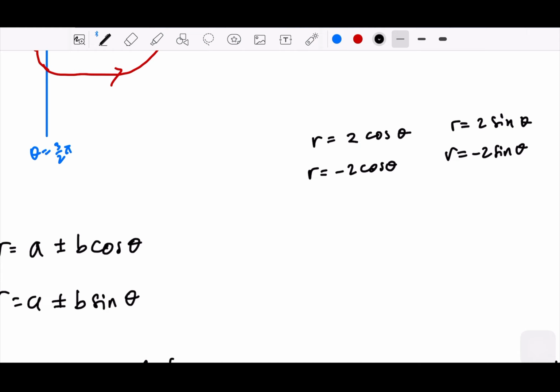To make it easy, let me draw. This is not rectangular, this is polar. So this is 0, pi over 2, pi, and 3 over 2 pi. Maybe we start from sine, since we have sine before. This is 2 sine theta.